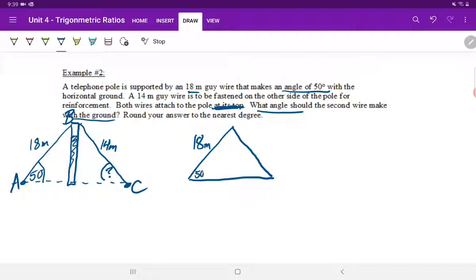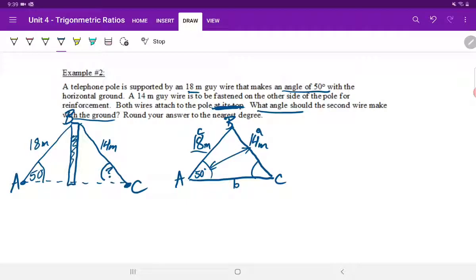We've got your 50-degree angle, we've got your unknown, we've got your 14 meters here, and let's label it A, B, C. This is lowercase a, this would be lowercase c, and lowercase b. So you can see we can use the sine law here because we do have one of these opposite situations given, and then we have an additional side length as well, which means we can find angle C, which is what we're looking for.